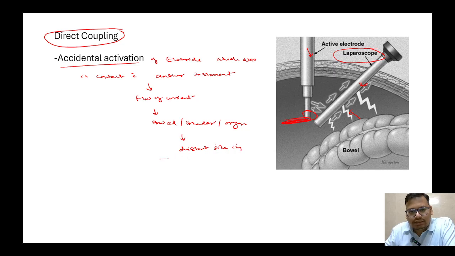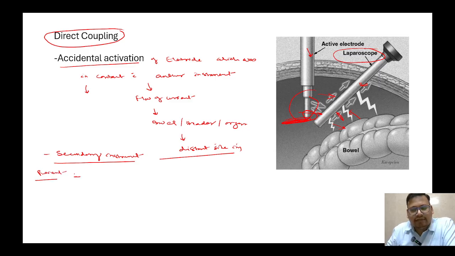Distant site injury is not directly because of the electrode, but because of the secondary instrument. The current passes to the secondary instrument which was in contact with the electrode. So if the bowel was touching this probe or instrument, then the bowel will get injured. So how to prevent it? Prevention.